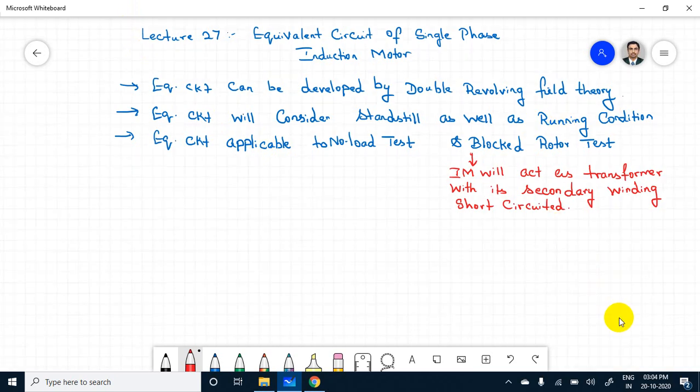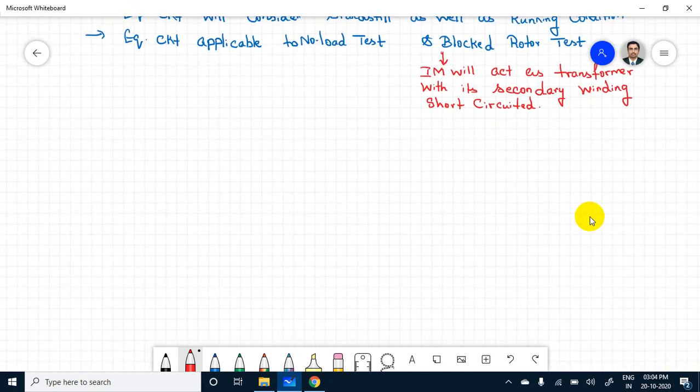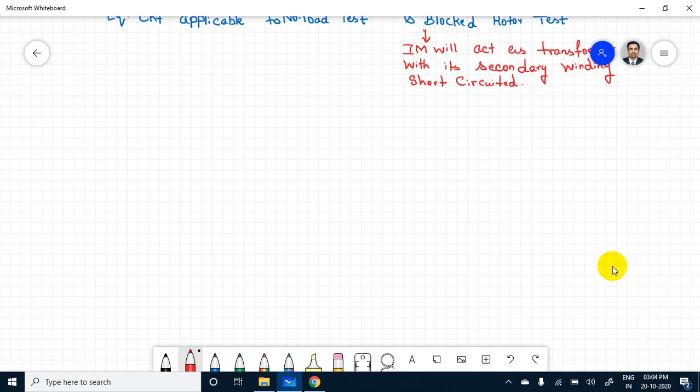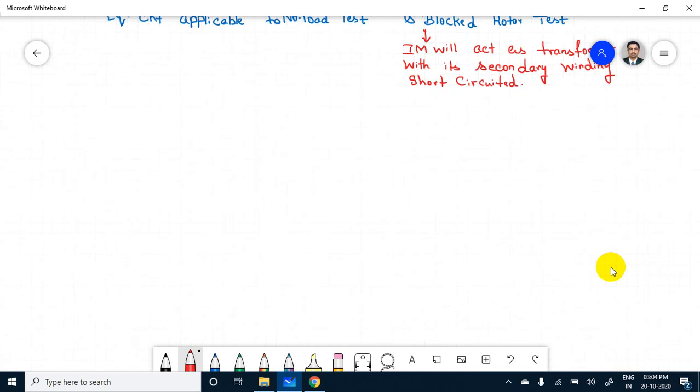Okay, now I'm going to draw the equivalent circuit of a single phase induction motor at a standstill. Okay, first diagram.